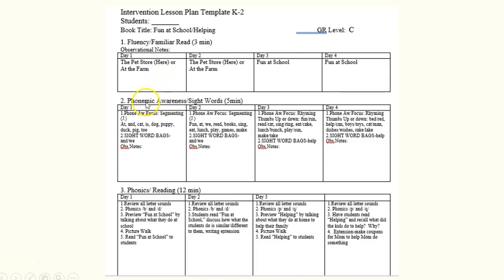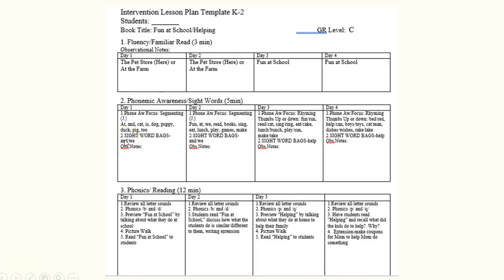And then we move into phonemic awareness and sight word work. And so working on segmenting, I had some words for them to segment. We also had sight word bags that we were cumulatively adding to. As they recommend in, I want to say, chapter 7 of the Teaching Reading Sourcebook, to start out just teaching one sight word at a time, especially for these younger students.